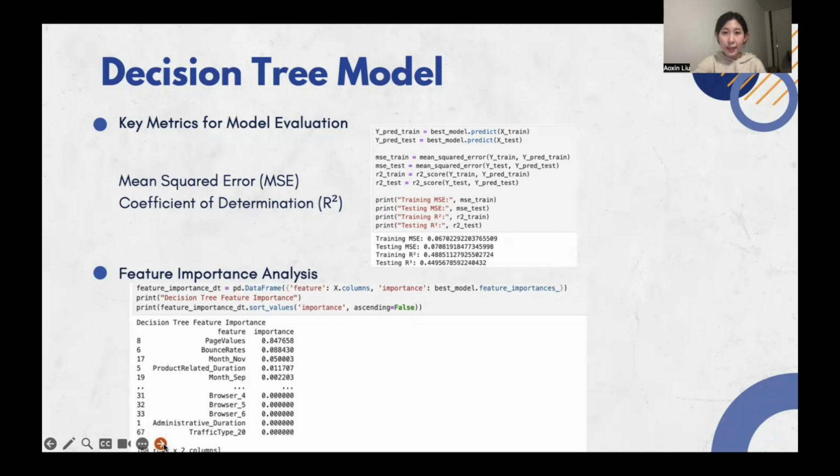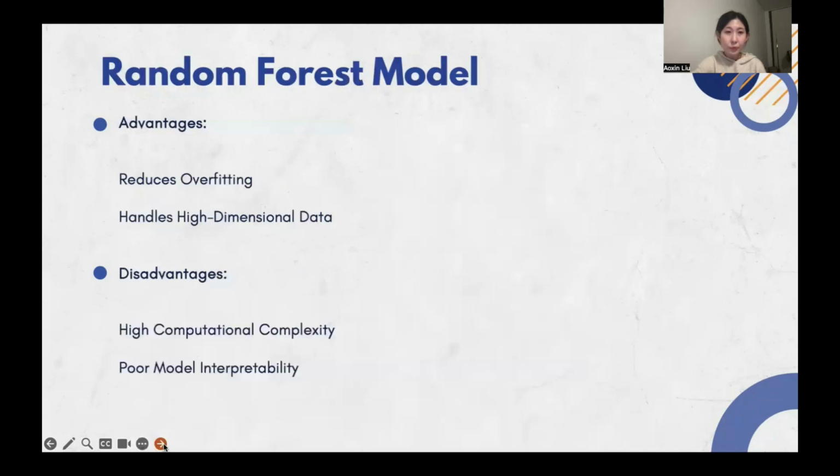Feature importance analysis can help us understand which features have a greater impact on the model's prediction. The feature importance analysis of the decision tree model shows that page values, bounce rate, and exit rate are the top 3 important features that have a significant impact on predicting users' consumer behavior.